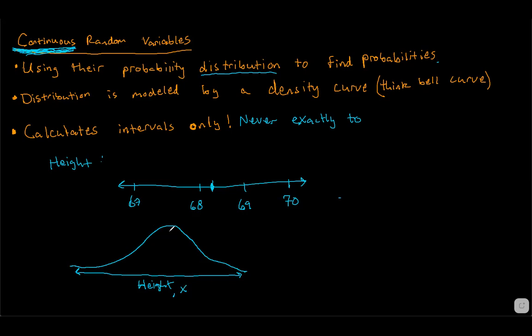So the height of the student, like here, we don't know exactly what this is. We will never be able to find that probability. Just for example, like 68, if we were getting around 68 every time, this we will never do.